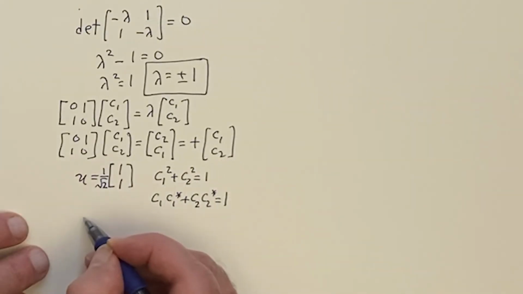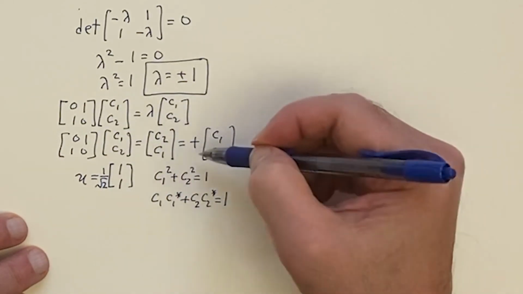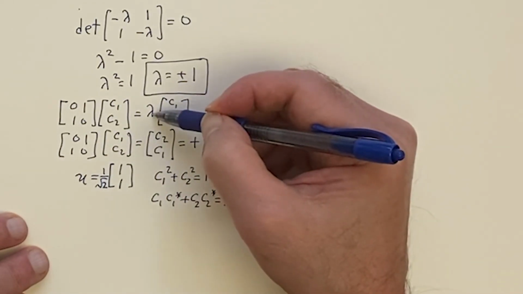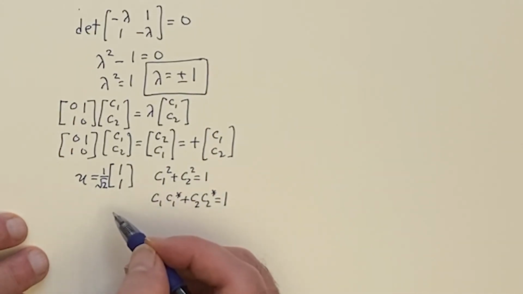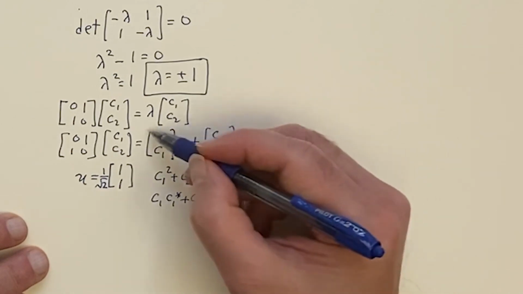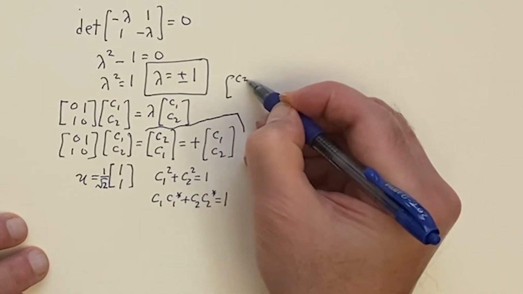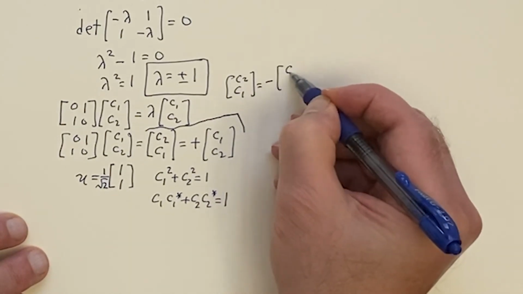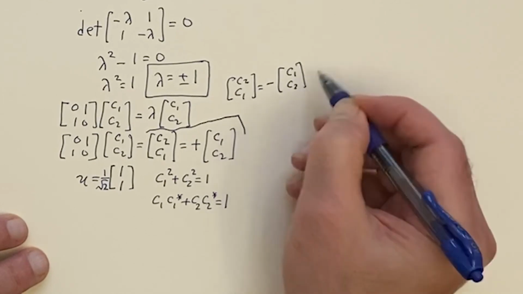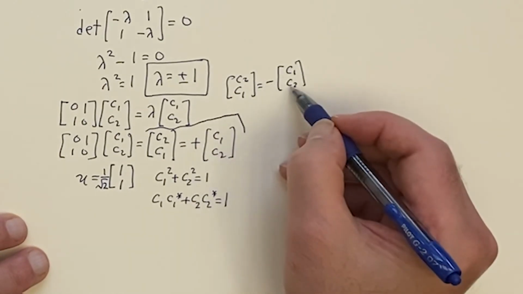And the last one would be to take this same equation and put a minus sign in, where the eigenvalue is minus 1. If you do that, you would have C2 over C1 equal to minus C1, C2. So that means C2 is opposite C1, and C1 is opposite C2.